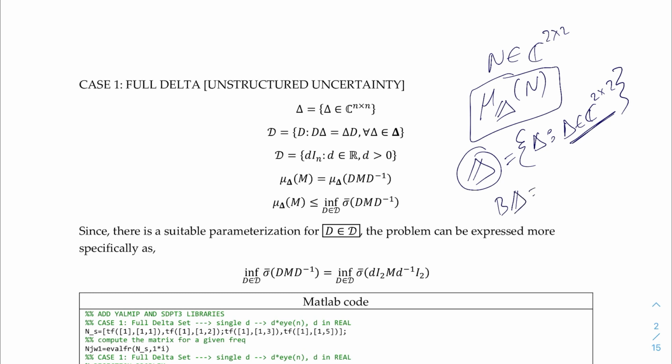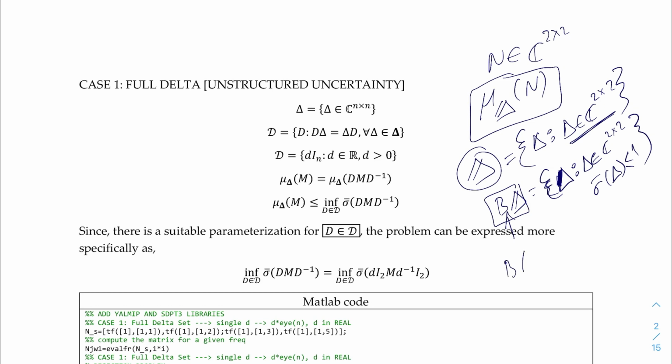For example, sometimes you see that type of uncertainty, just delta, and delta again complex 2 by 2, and in addition to that, it's bounded. So B stands for ball, right?